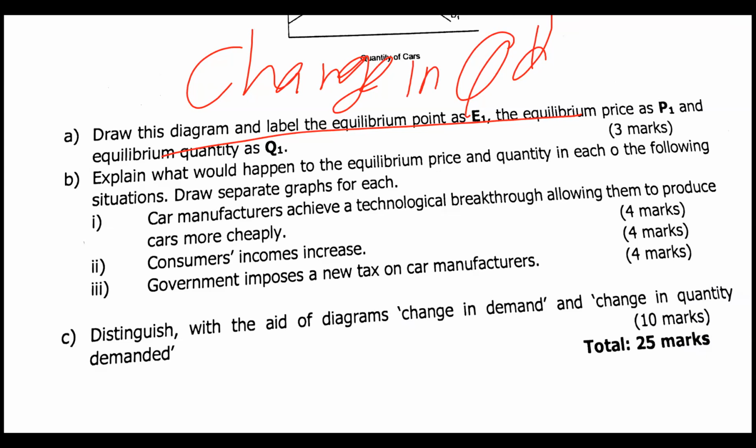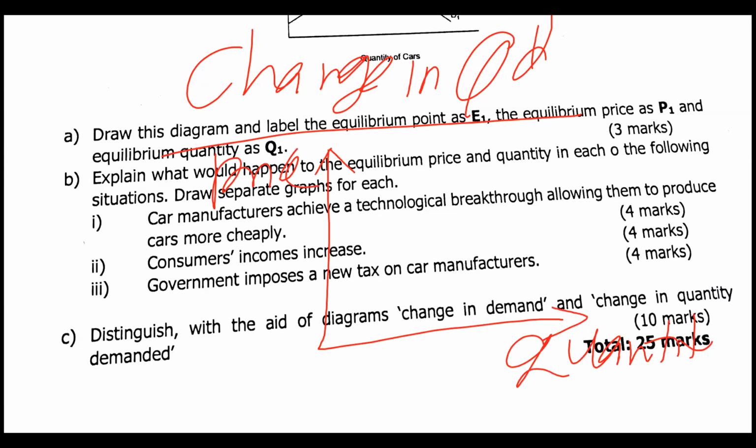That's what change in quantity demanded is. So graphically, you can represent that like this. There is the price, then there is the quantity demanded, and there is a demand curve that you have here. The supply is not affected here, so you're not talking about supply. Observe that price is the only one that is changing.